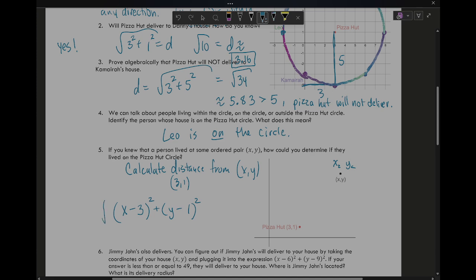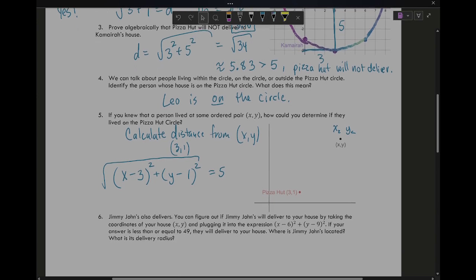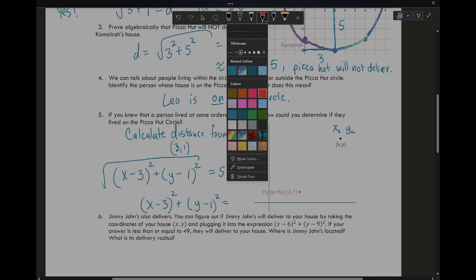And I've got to square root that, and this is equal to 5. So x minus 3 squared plus y minus 1 squared equals, now, sorry, I kind of just didn't explain what I was doing.